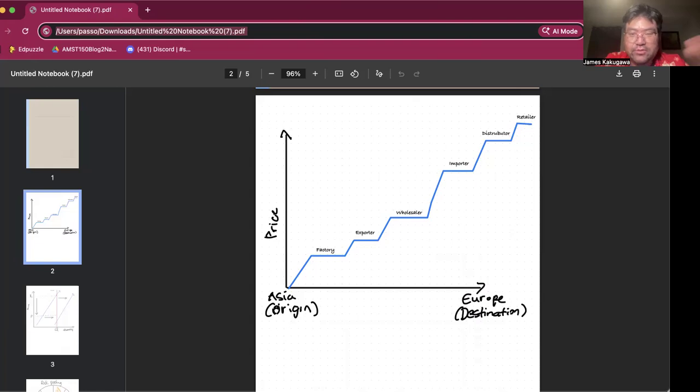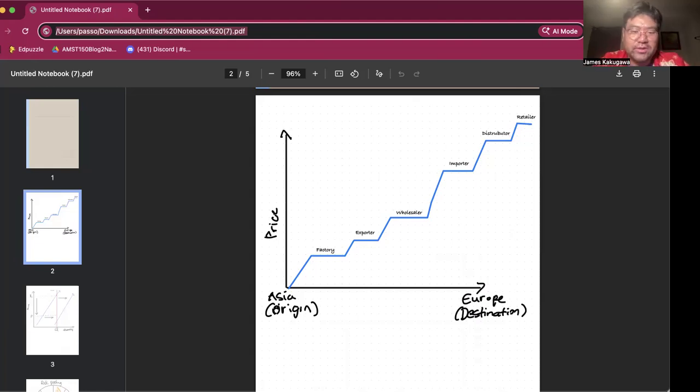So this price differential served as a powerful price signal, right? It indicated a massive arbitrage opportunity. Any agent capable of bypassing this intermediary chain had an economic advantage, and that's why in this chapter he calls the economic objective of the age of sail optimizing the supply chain.